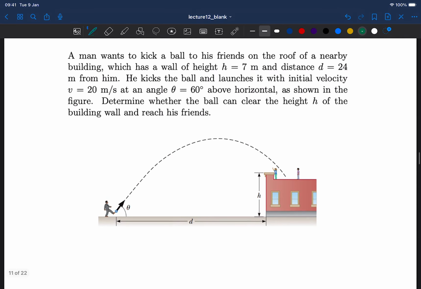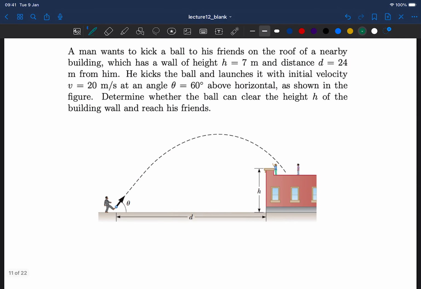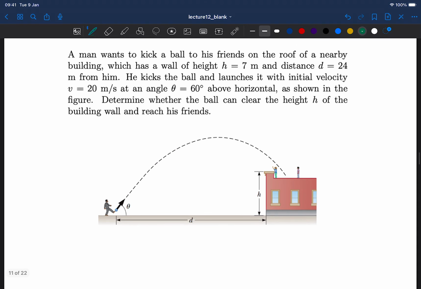Still on projectile motion, but this one probably involves a little bit more calculation. We have an object launched from the ground at an angle of 60 degrees, with an initial velocity of 20 meters per second.